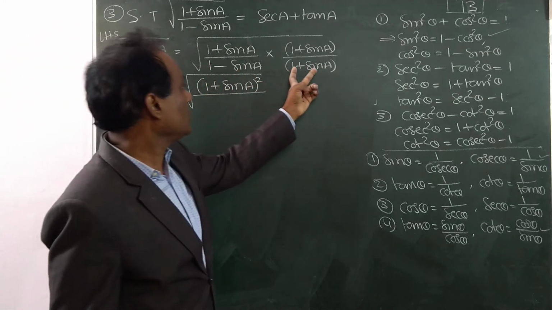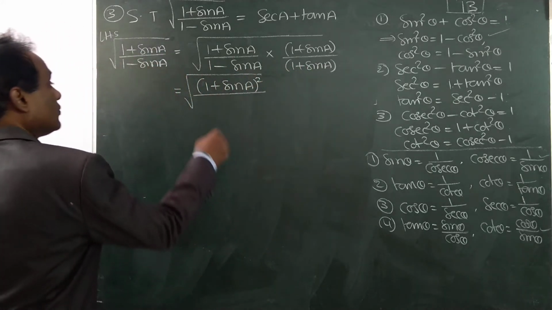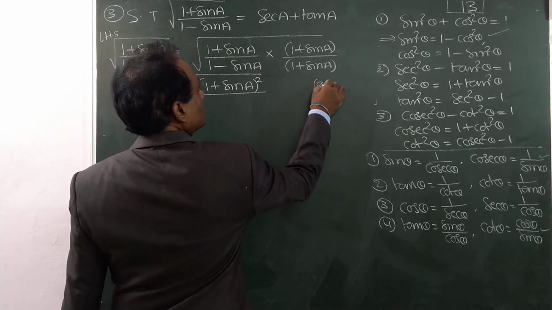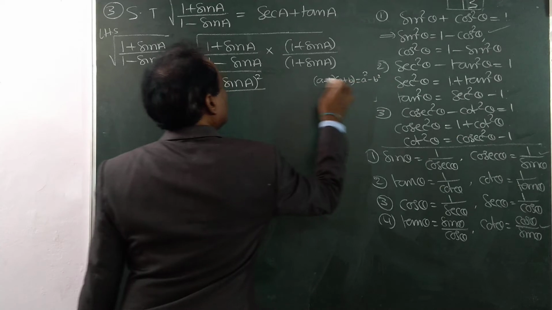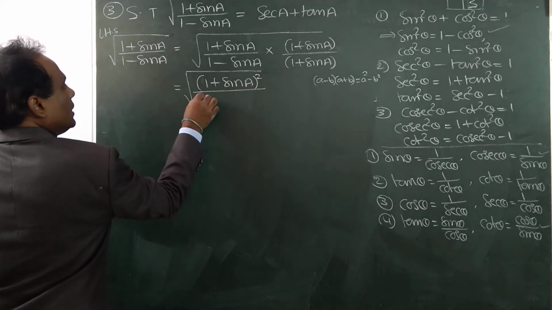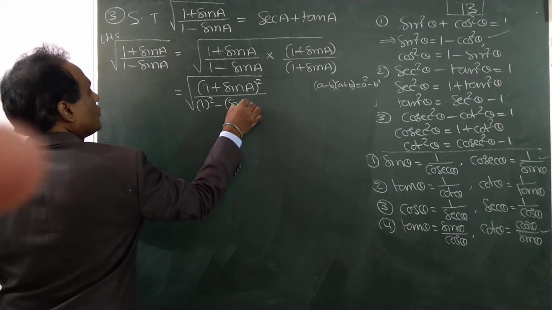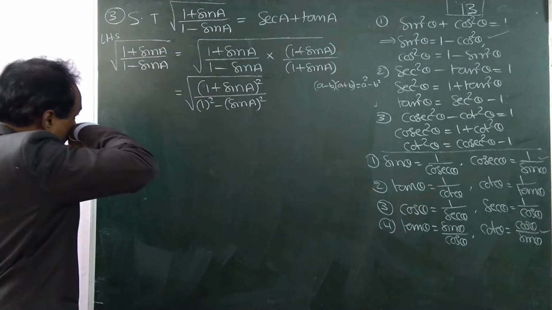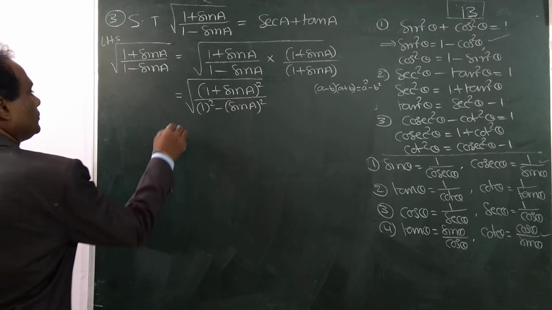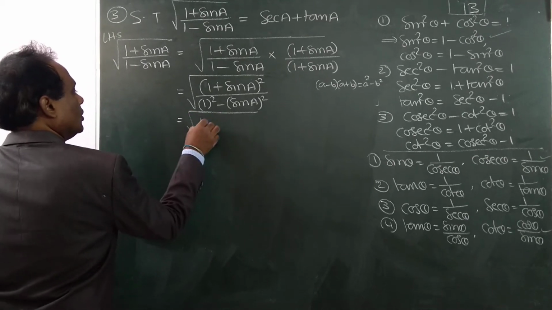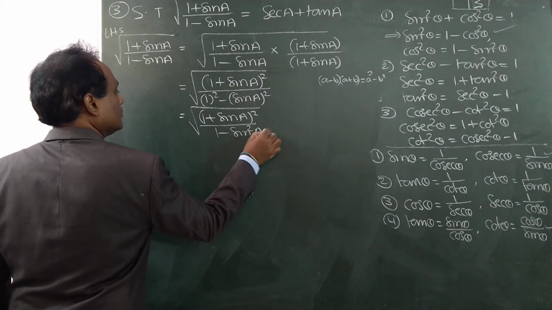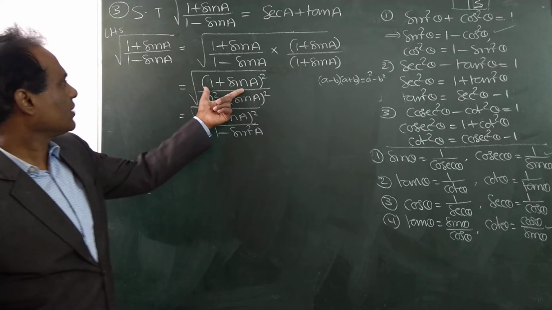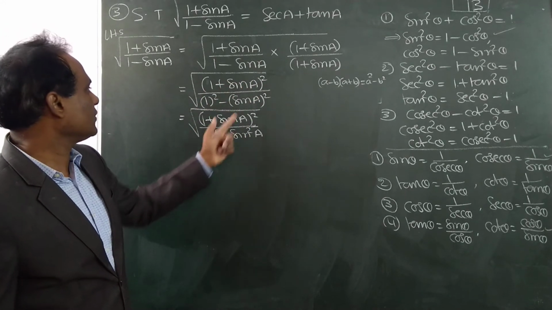So the denominator is 1 square minus sin square A, and the numerator is 1 plus sin A whole square by 1 minus sin square A.